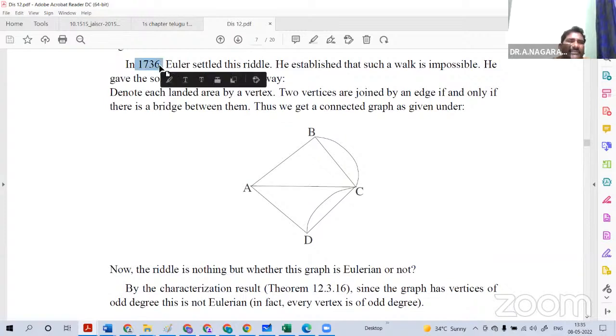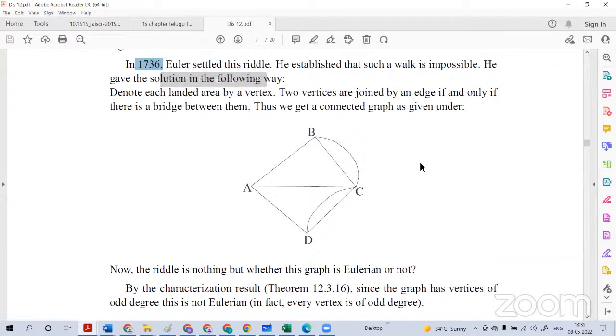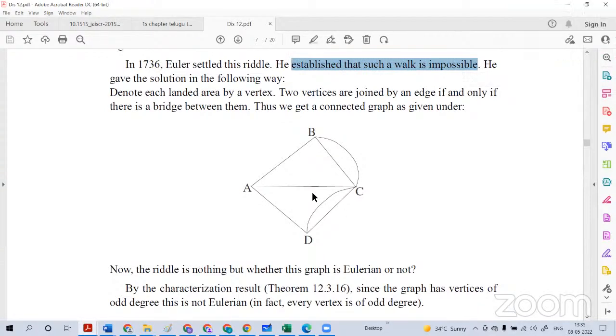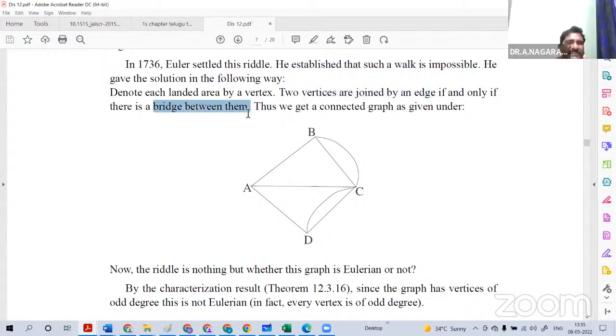It was developed in 1736. They developed this kind of graph. How will the walk be possible? That possibility they identified. It is impossible for one person or both persons to move to the opposite sides. So they developed one joining edge, one bridge between one person going to the other person.